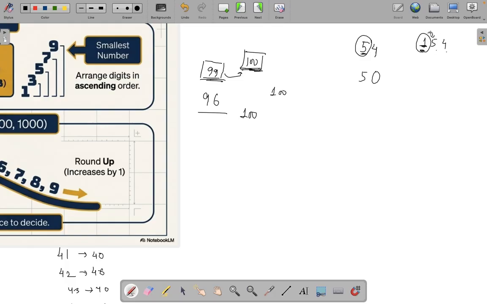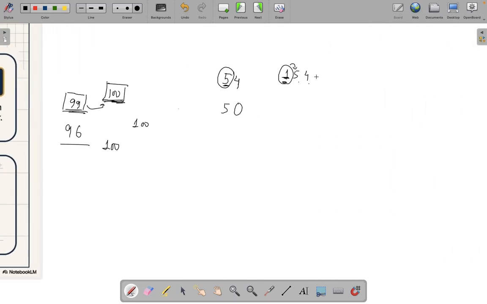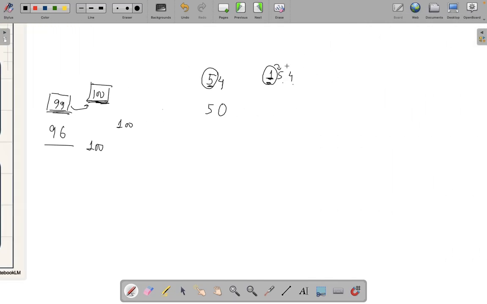So there are actually three cases. The first case is less than 5. What are the numbers less than 5? 4, 3, 2, 1 and 0.